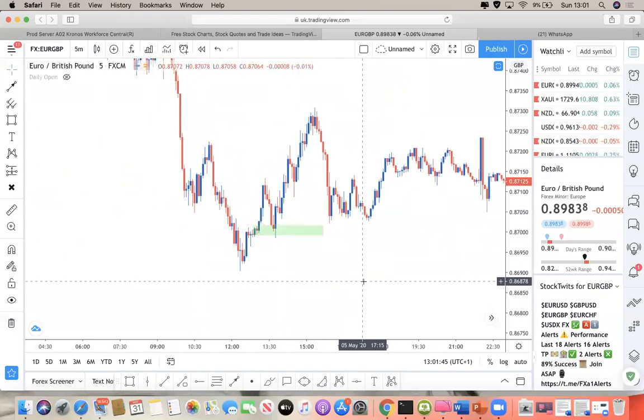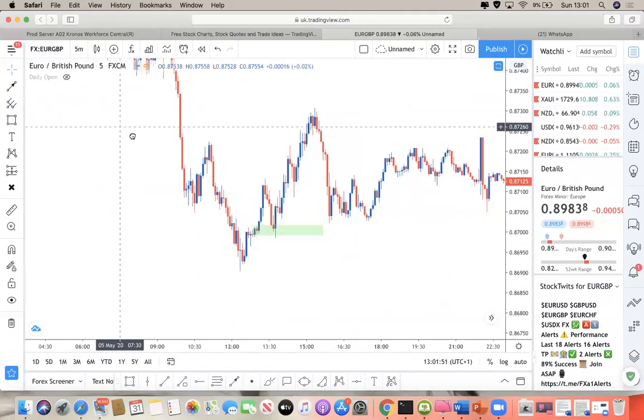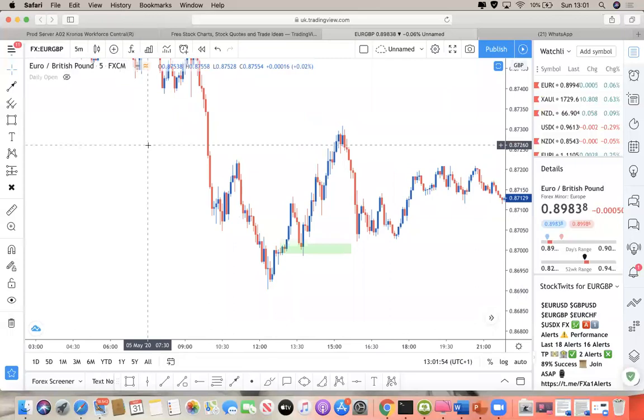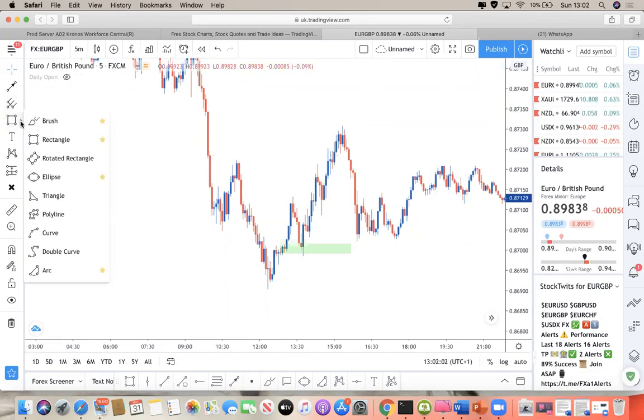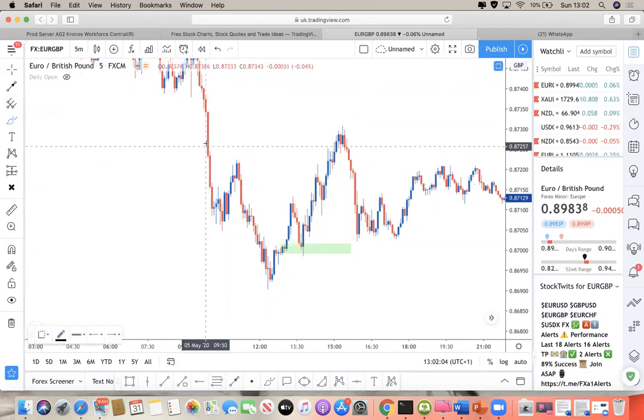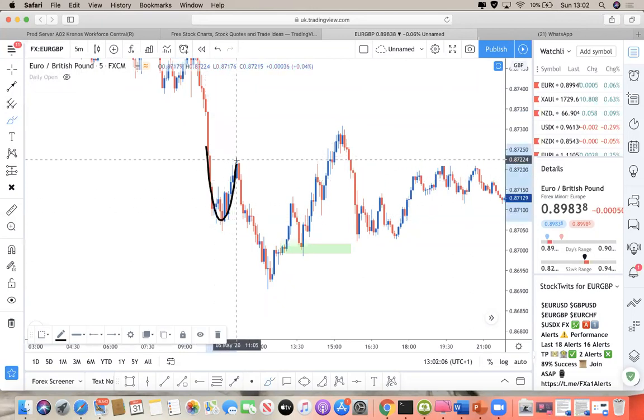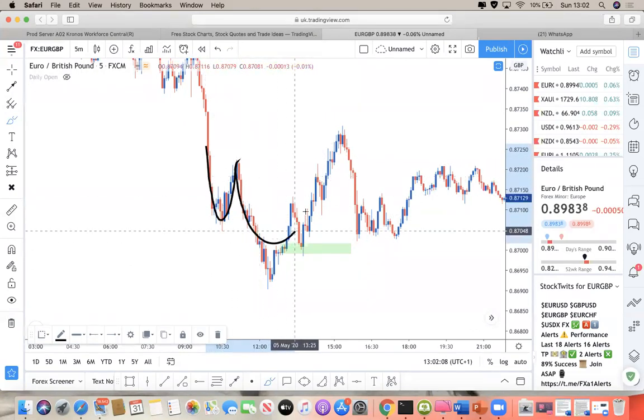Can you draw the W? Okay. Yes, explain the reversal. In this case, what we had for a reversal was a head and shoulders. Retail traders love to trade head and shoulders.